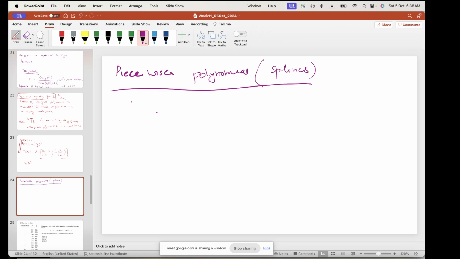So in order to make the regression better, we can fit polynomials piecewise, like in segments. If we do that, there are cases where people have seen that the goodness of fit is increased.